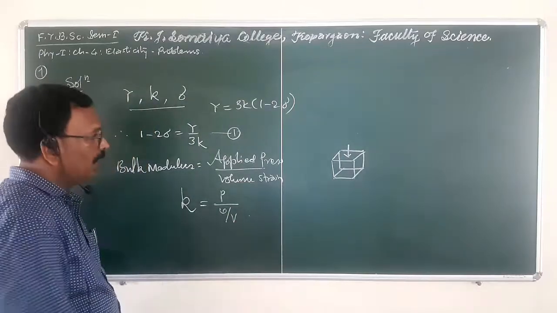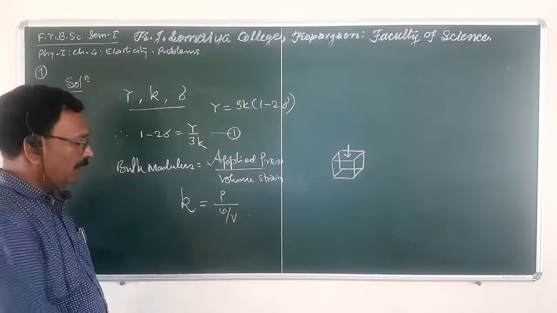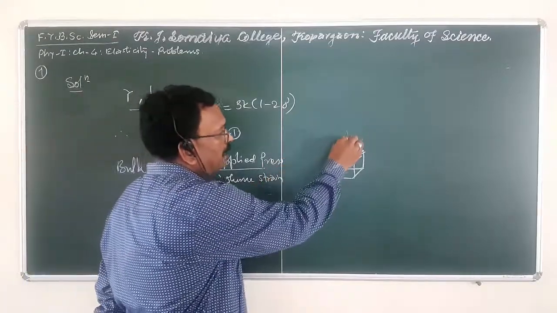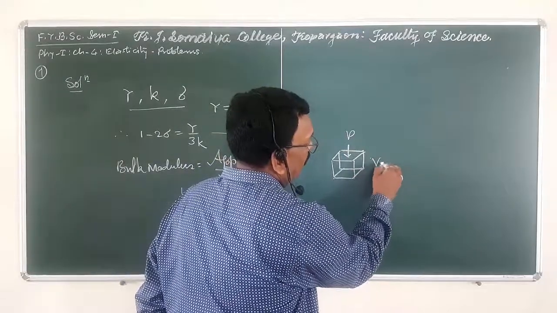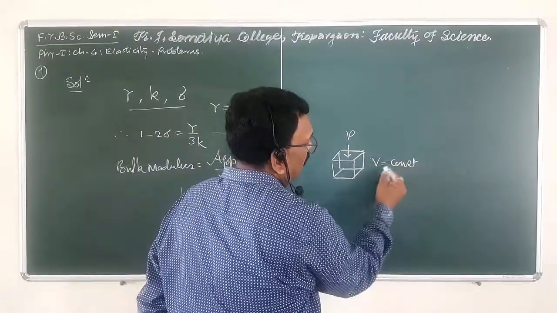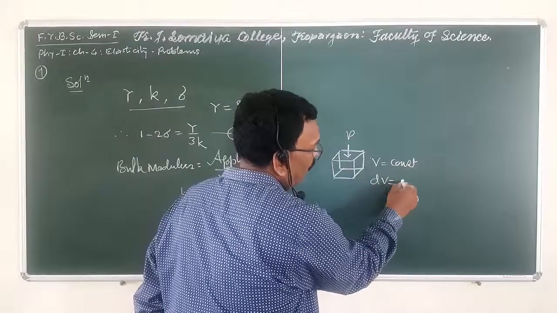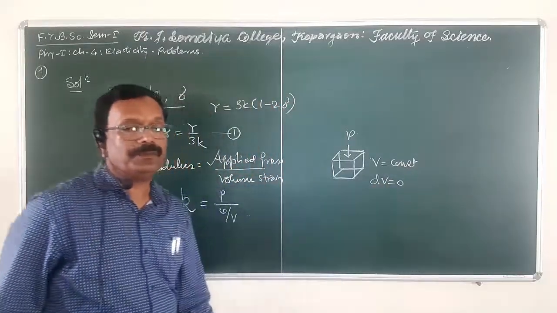But in a solid, when we apply pressure, the volume does not change. That means volume remains constant. If volume is constant, then the change in volume is 0, obviously.